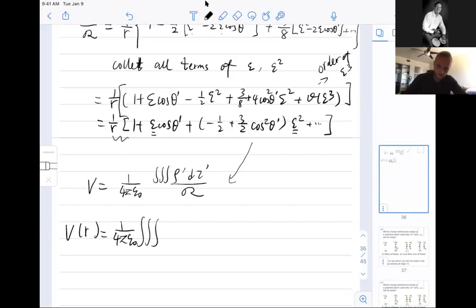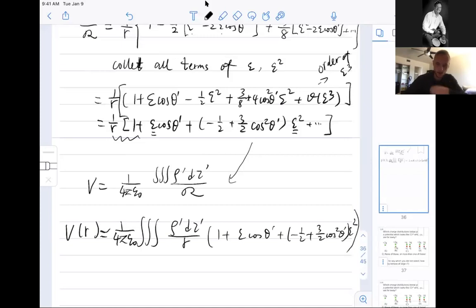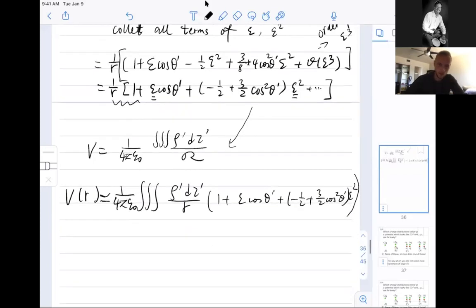So see, the first term is just 1 over r. Okay, so I'm going to plug it in. It becomes rho d tau over r. So approximately, of course, because I already got rid of the other higher order terms.